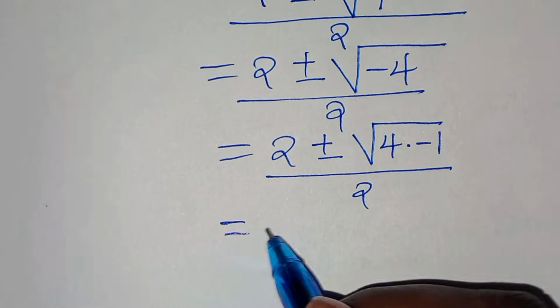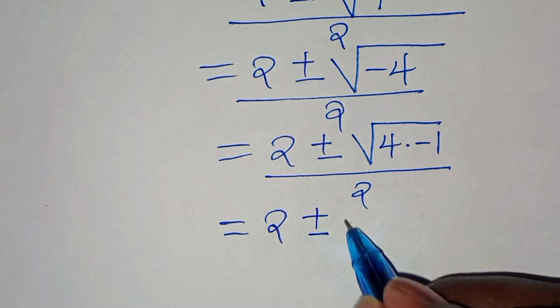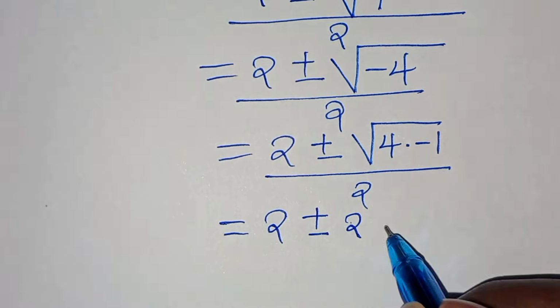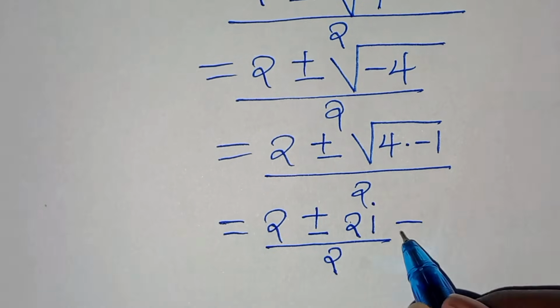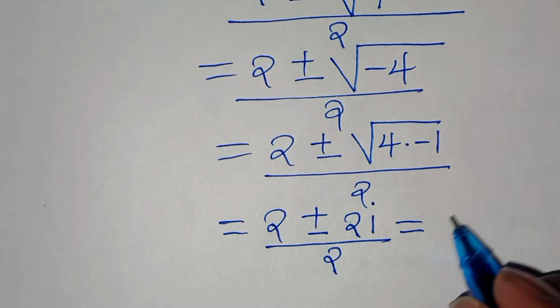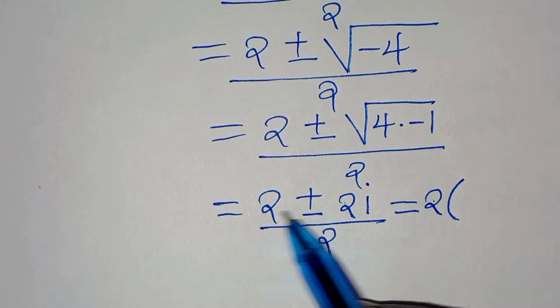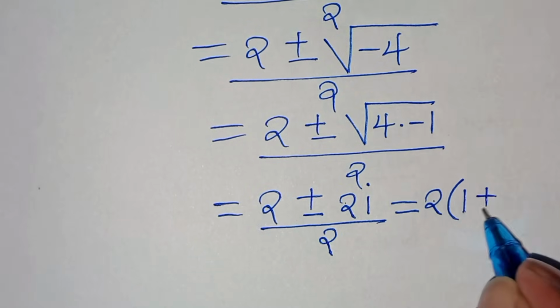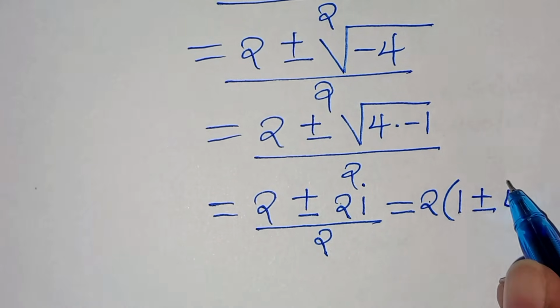So therefore, we have 2 plus or minus the square root of 4. This is 2. Square root of minus 1. This is i. Then divided by 2. We are saying that in the numerator here, 2 is common. We can factor out 2. So that now, 2 divided by 2, this is 1 plus or minus 2i divided by 2. This is i.